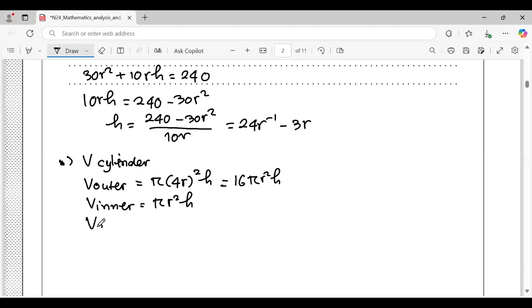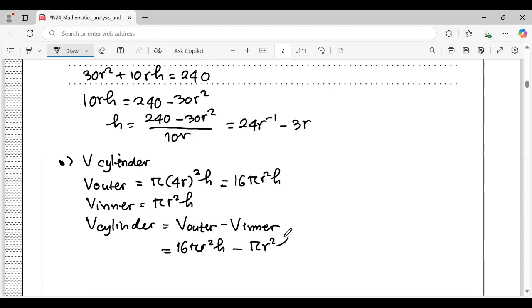So volume cylinder equal volume outer minus volume inner equal this one 16 pi r squared h minus 1 pi r squared h equal 15 pi r squared h.